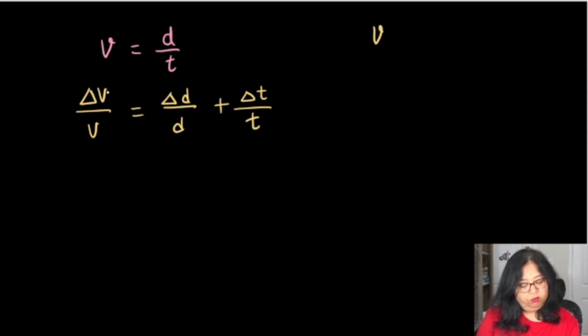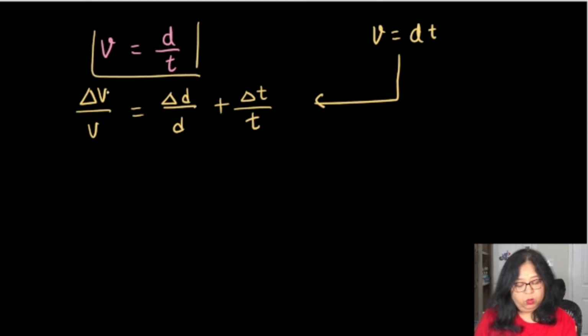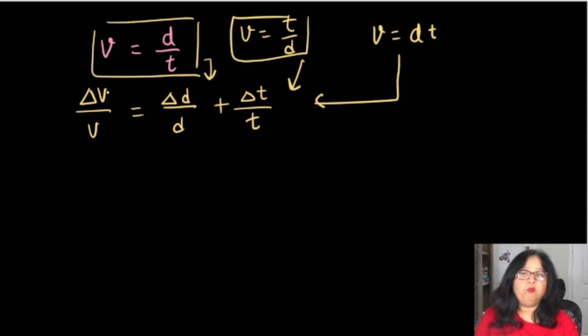If I was doing V equals D times T, this will be the formula. If I'm doing V equals D over T, this is the formula to find delta V over V. If I was doing V equals T over D, still the same formula over here. No difference.